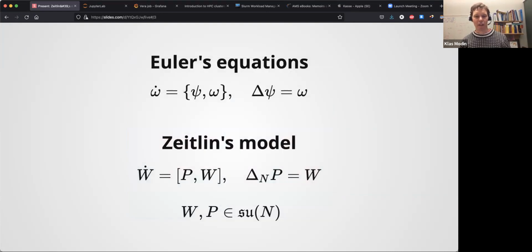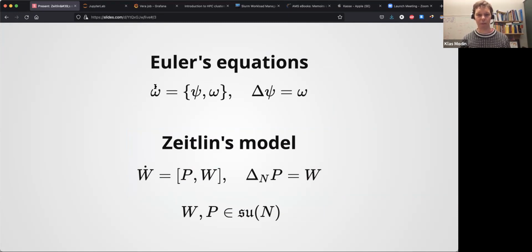And what is it we're doing? We're interested in the vorticity formulation of Euler's equations. On the sphere, this is the Laplace-Beltrami operator. This function here is called the stream function. This is the vorticity function. You have the Poisson bracket on the sphere, and these are the evolution equations.